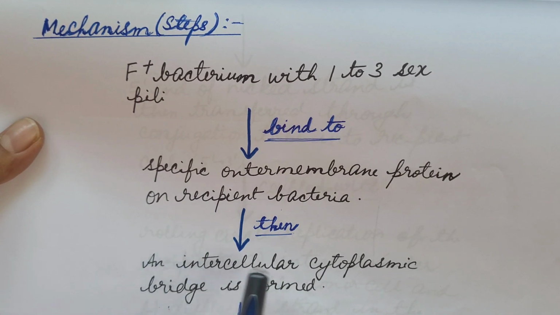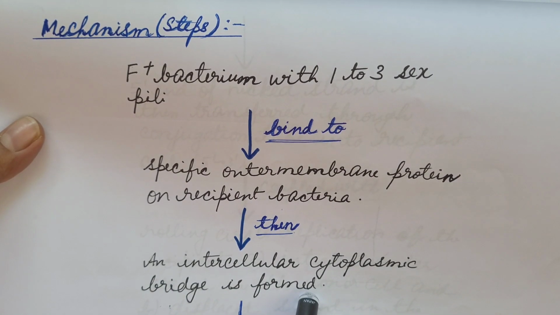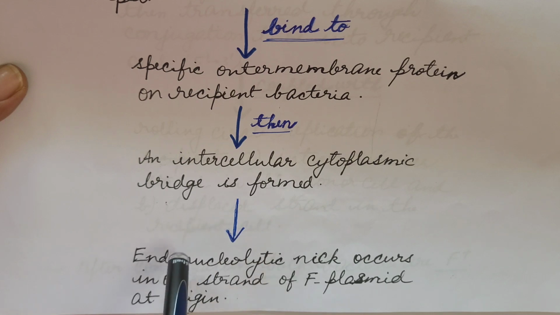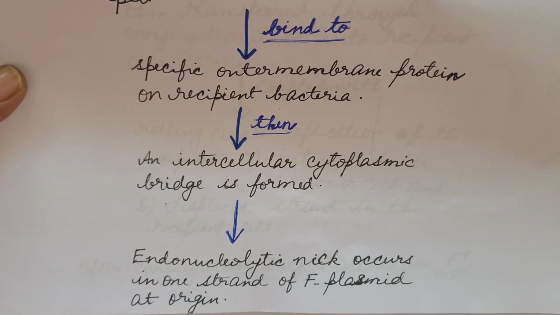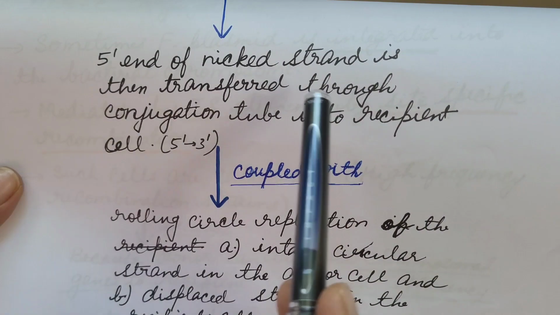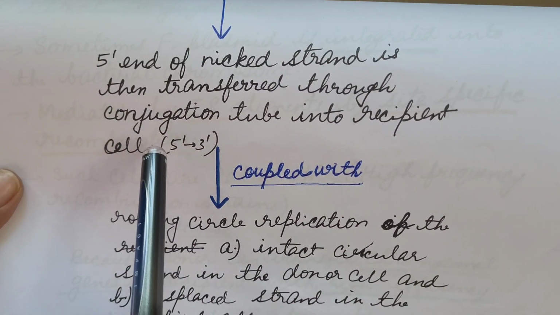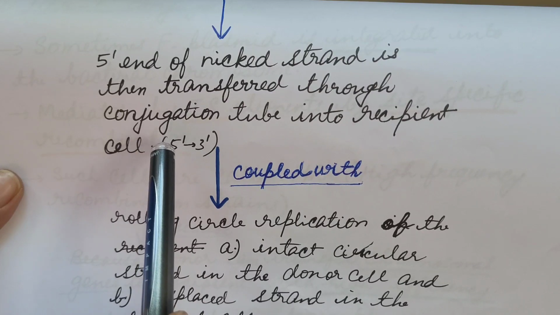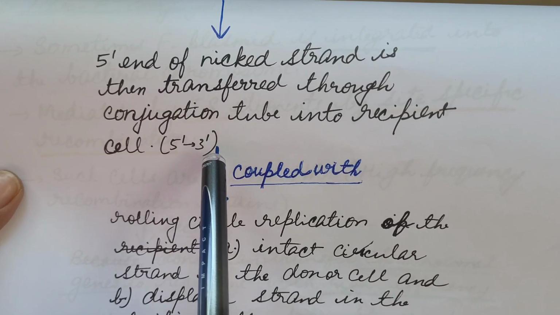Then an intercellular cytoplasmic bridge is formed between F plus and F minus cells. After that, an endonucleolytic nick occurs in one strand of F plasmid at the origin. After that, the 5' end of the nicked strand is transferred through the conjugation tube into the recipient cell. So the direction of transfer of the strand of F plasmid is 5' to 3'.